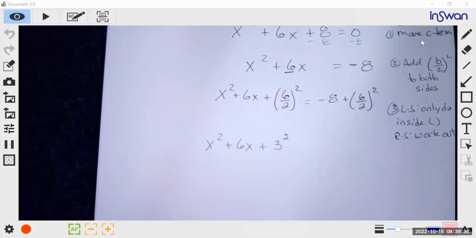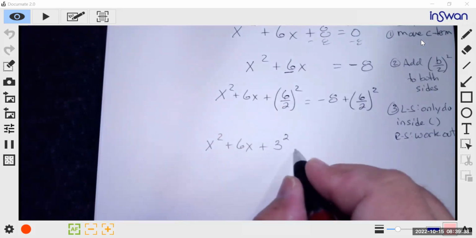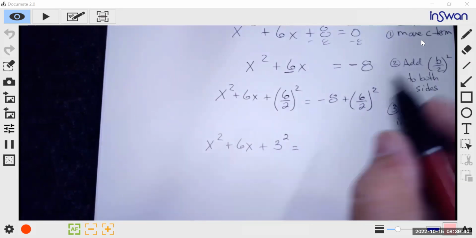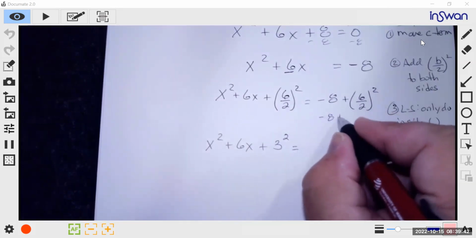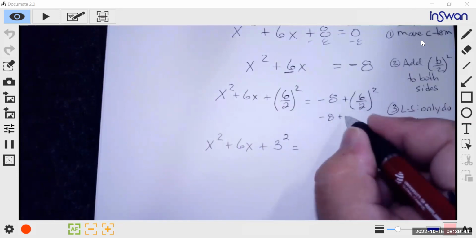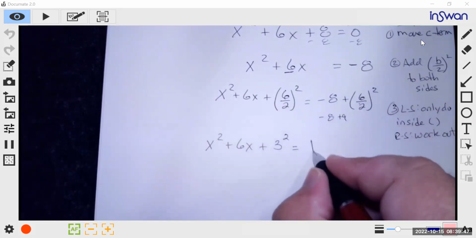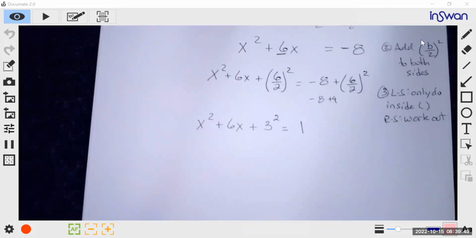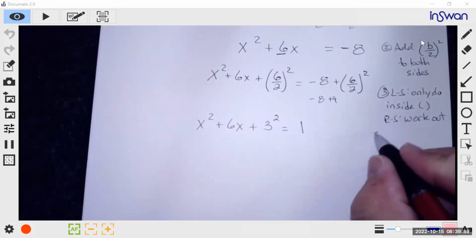Don't square it because you'll have to unsquare it later on. 6 divided by 2 is 3. 3 squared is 9. 9 minus 8 is 1. You've just completed the square.